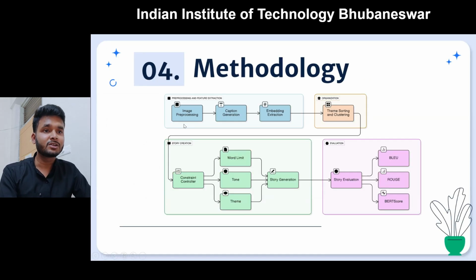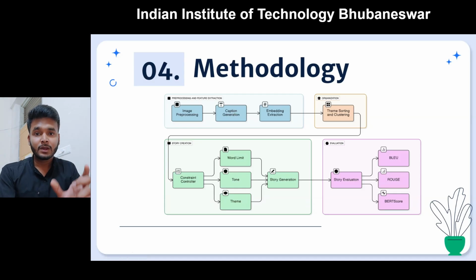This is our methodology. In our methodology, basically we have image pre-processing and caption generation, and embedding extraction. If we do captioning, then we will have a caption for every image. After that we embed these captions, and after embedding we sort these embedded things into different clusters.